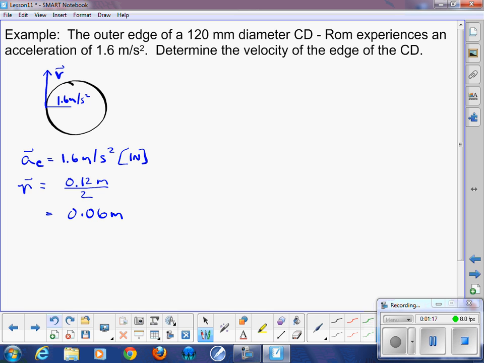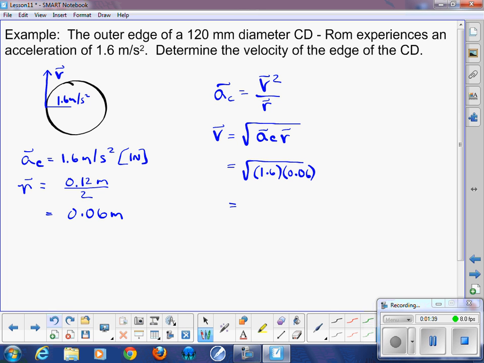Okay, so from our centripetal acceleration formula, we would have a equals v squared over r. Rearranging it, v is going to be the square root of centripetal acceleration multiplied by r, so the square root of 1.6 times 0.06, and we end up with 0.31 meters per second, and in my diagram, it's going to be up.